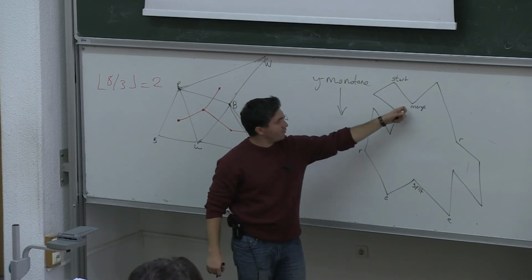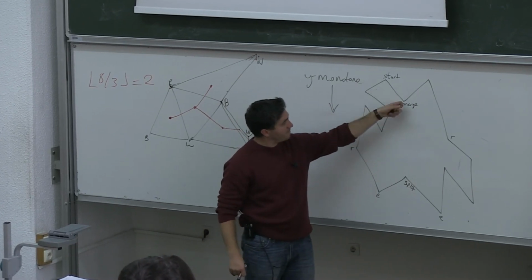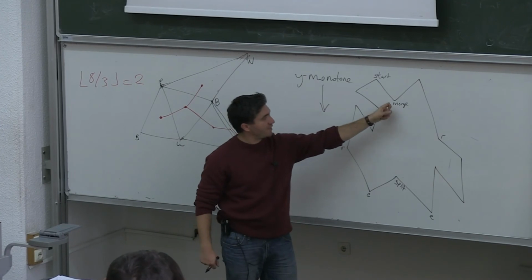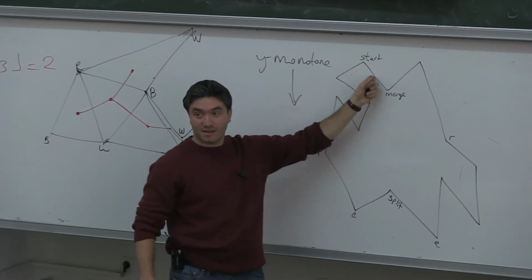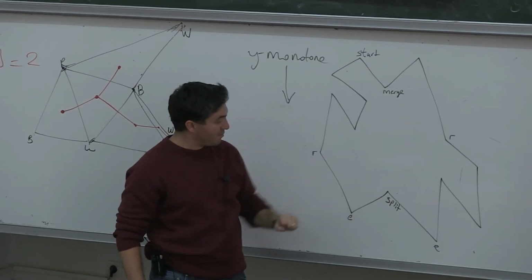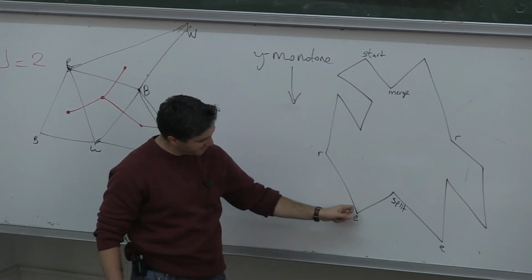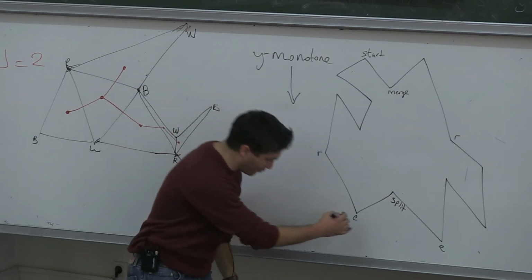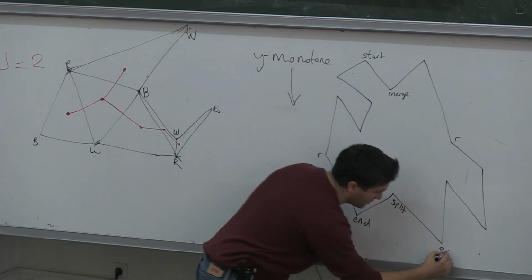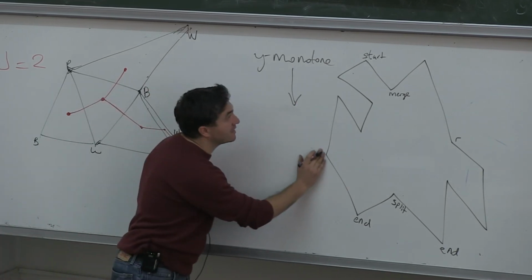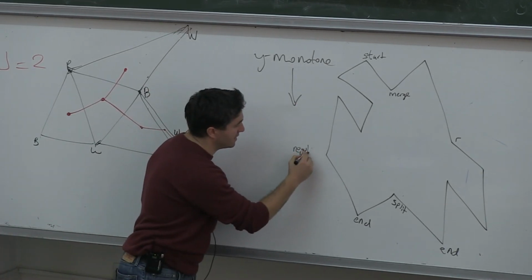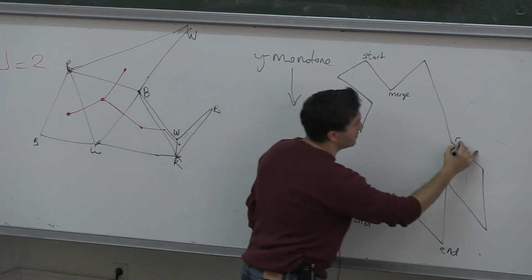A merge vertex is one where both neighbors are above the vertex and the inner angle is larger than pi. If the inner angle is smaller than pi, it's an end vertex. During plane sweep, we are going to handle all these vertices differently. So let's see what we are going to do.